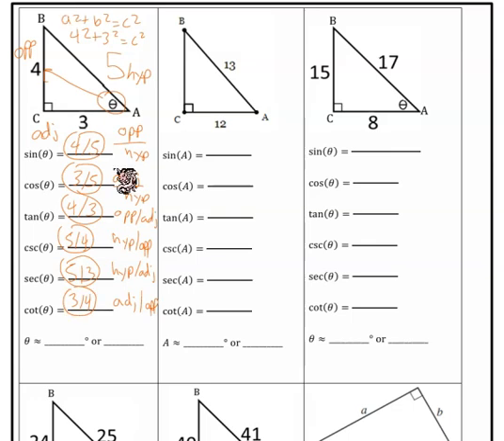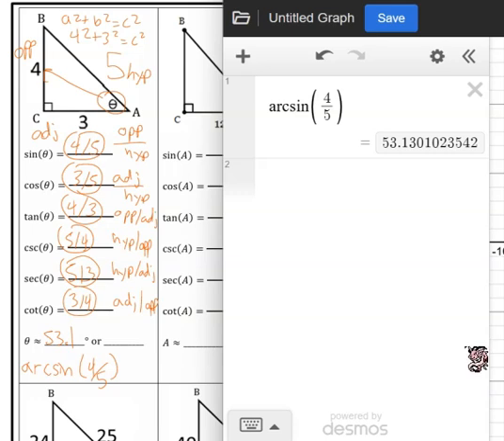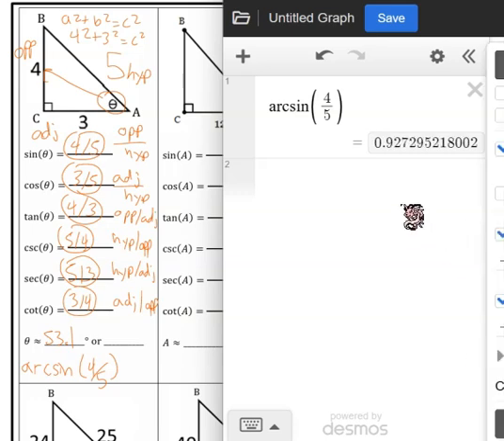To find the value of theta, let's do arc sine of 4 over 5. Again, you can use the other trig expressions as well. Okay, we have about 53.1 degrees or 0.93 radians.